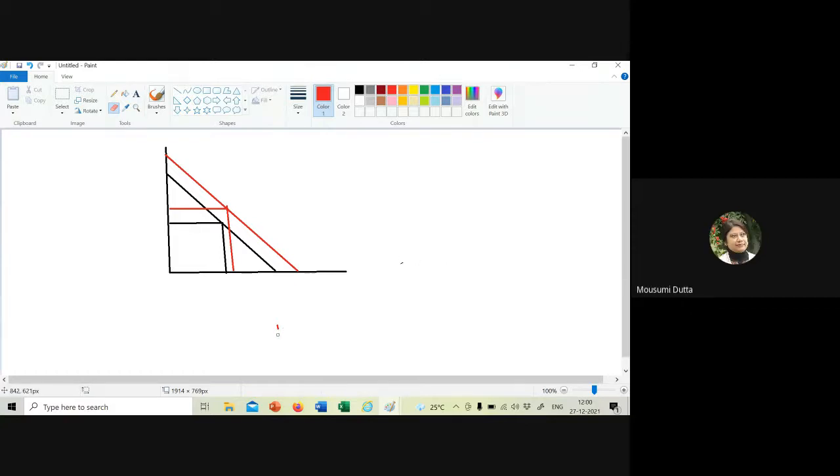Now, if I consider again the same scenario, because of some bonus my income has increased, or I'm facing another budget line, which is above the green one.